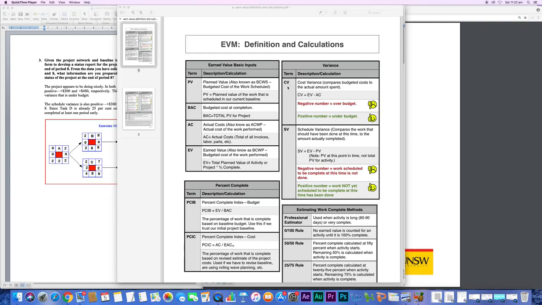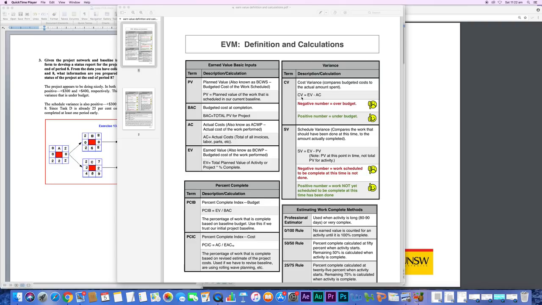Cost variance is simply the difference between our earned value and how much we've actually been paying, actual cost. So earned value minus actual cost. And then we get the absolute number. So we get how much in dollars we are over budget or under budget. If we get a positive number, we are under budget. If we get a negative number, we are over budget.